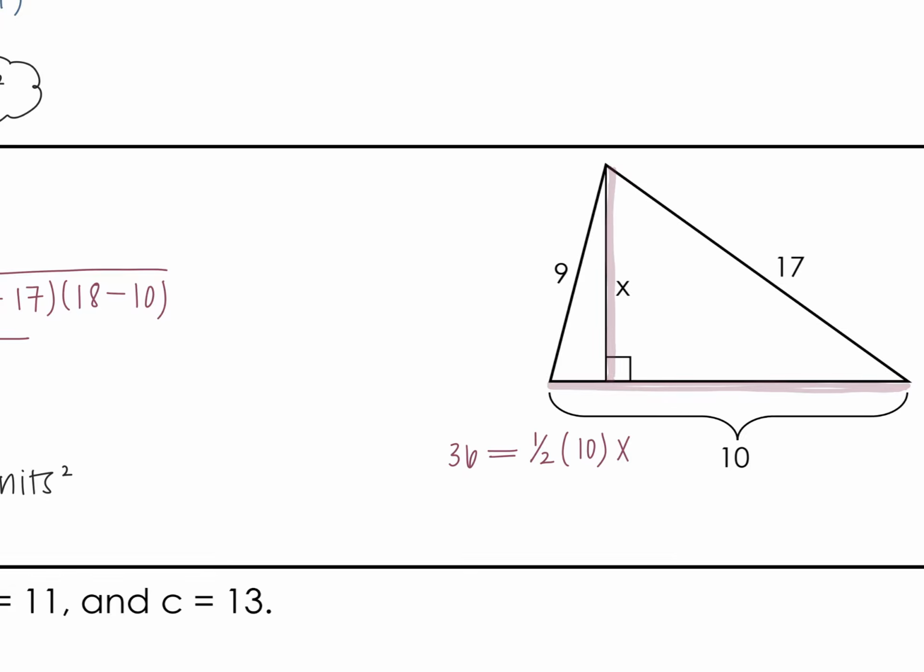So I can simplify here to get 36 is equal to 5x. And when we divide, we can get that x is going to be equal to 36 over 5 units. Or if you would like to change into a decimal, you would just get 7.2 units.